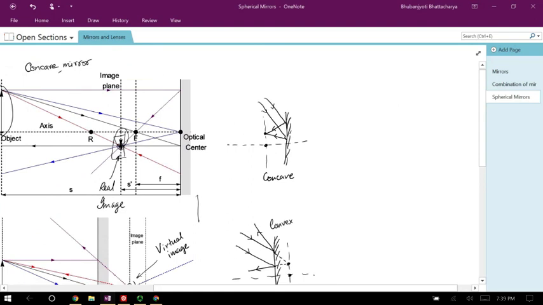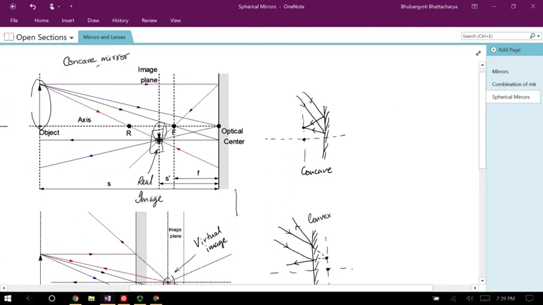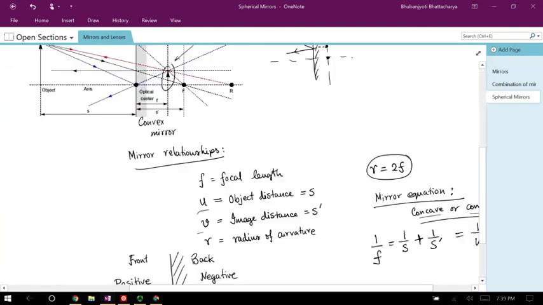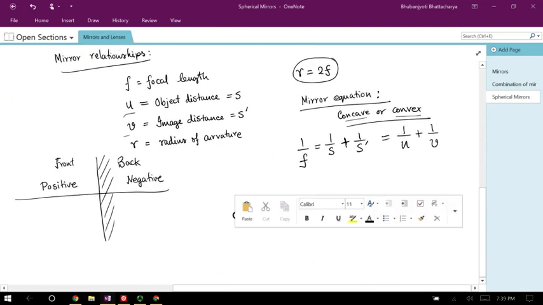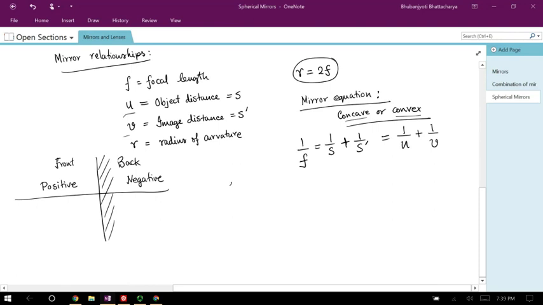The focus of a concave mirror appears in front of the mirror, which means that for a concave mirror, f is greater than 0, or f is positive, because it's in front of the mirror. It's an actual focus in front of the mirror.